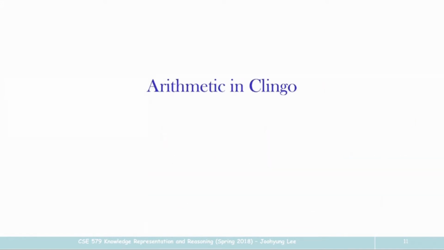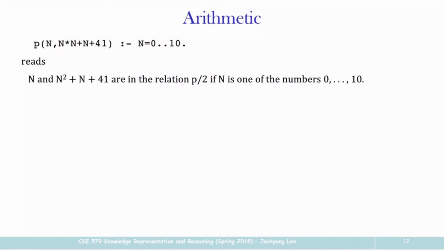Now let's look at arithmetic. This is the rule that you can read now. So n goes from 0 to 10. Clingo understands this as 11 rules, where n is replaced by 0, 1, 2, up to 10.